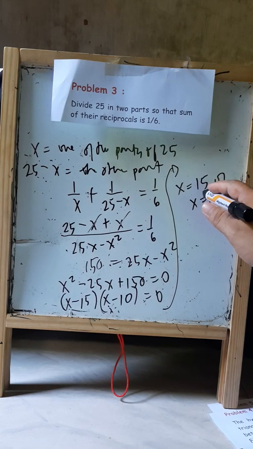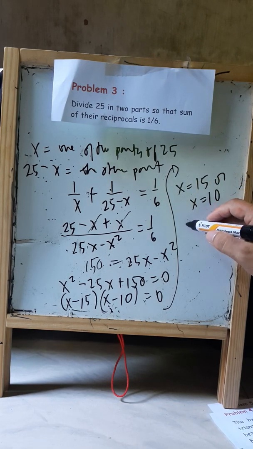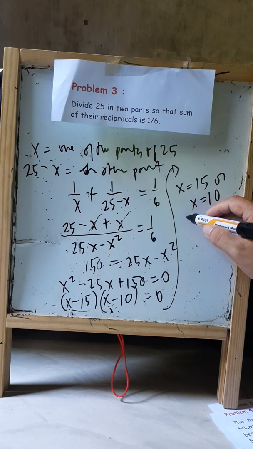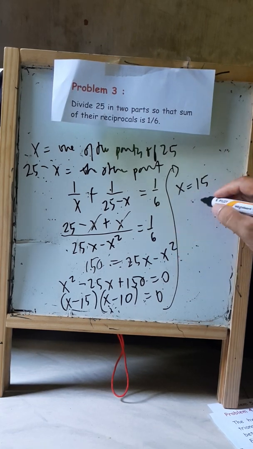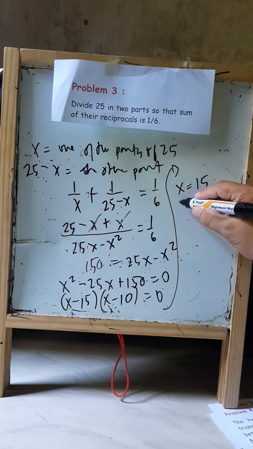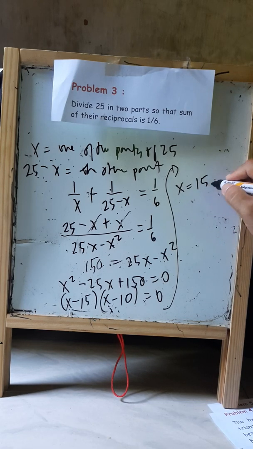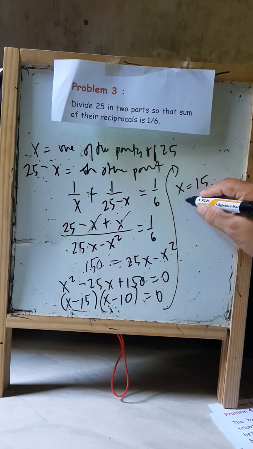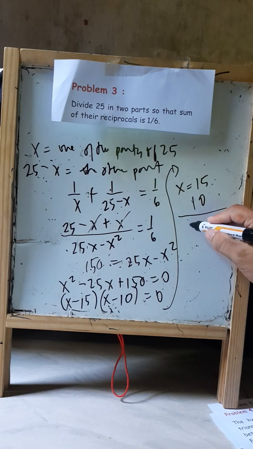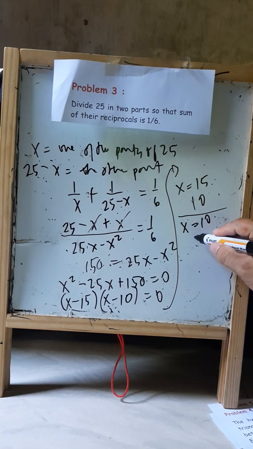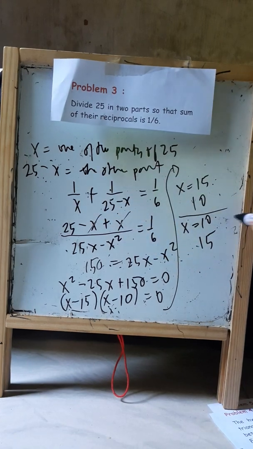If one of the parts is 15, what is the other part? When x is 15, the other part is 25 minus x, 25 minus 15, which is 10. And if x is equal to 10, what is the other part? 25 minus 10 is 15.